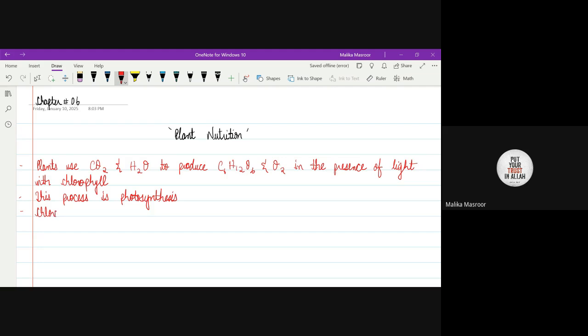So chlorophyll is the green pigment that traps sunlight and converts light energy into chemical energy.